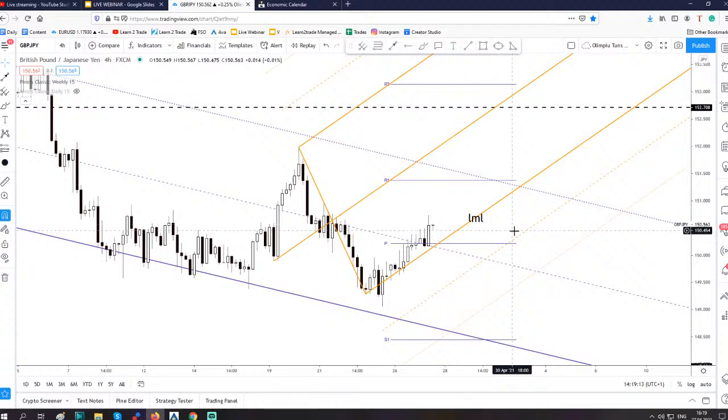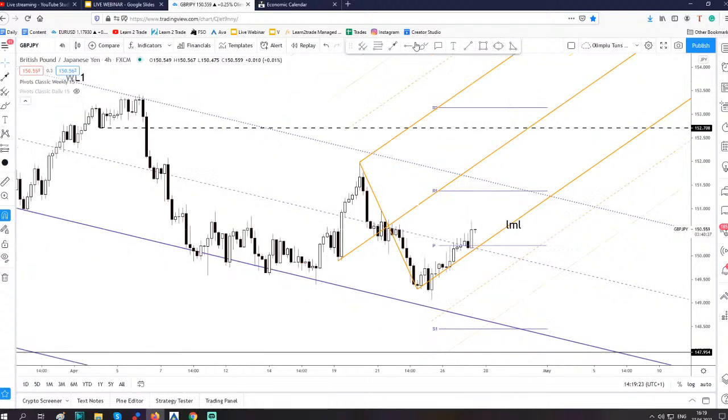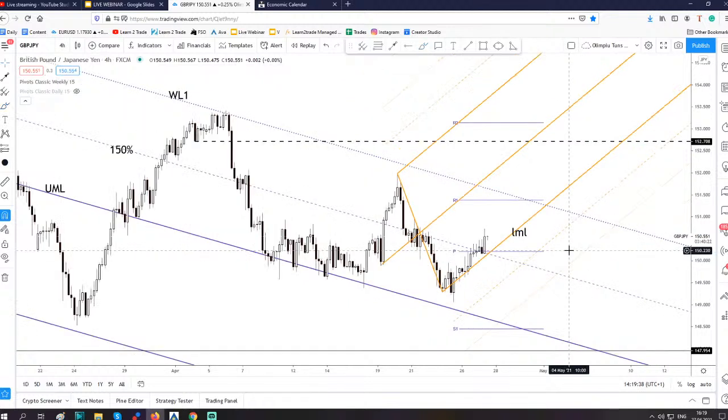And personally, I believe that only a valid breakdown below it could signal a potential drop here. So this is not a signal, and if you have a new buying signal here or a selling signal, we will send you guys the signals into the VIP Telegram group, so you can join it.